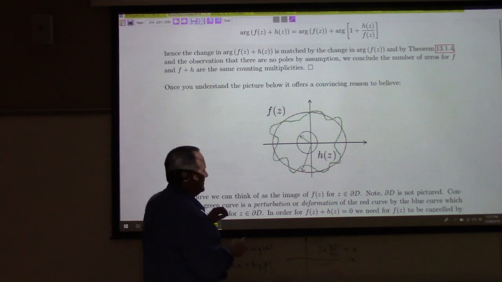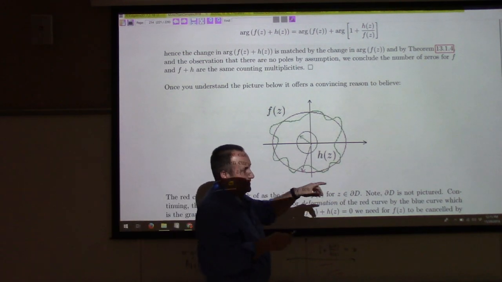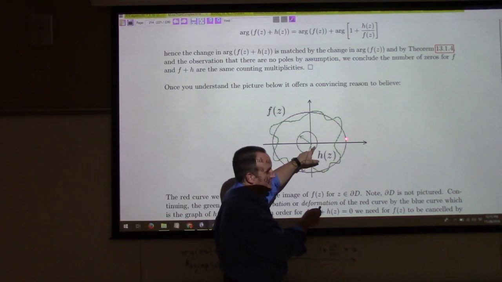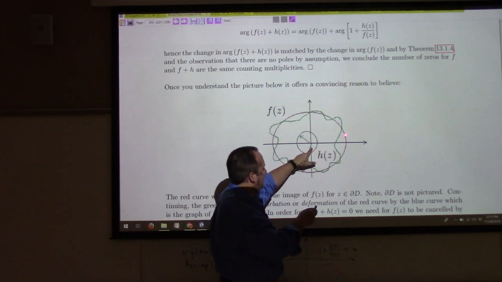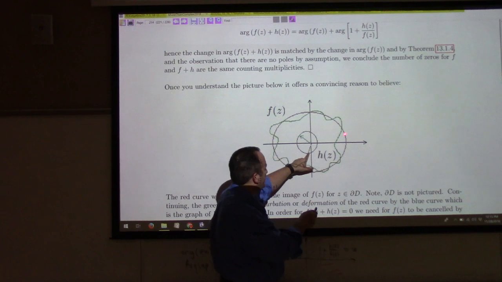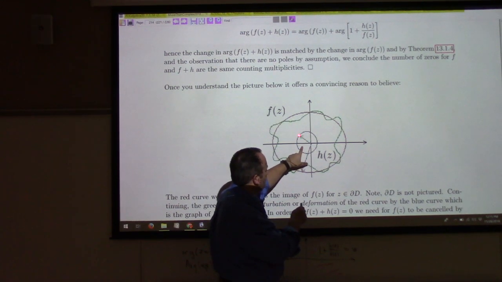So it could be that the point on the boundary of D is outputting this point in the f of z, and then maybe we're adding that point in the h of z. So f of z plus h of z gives me that, and then back to there.